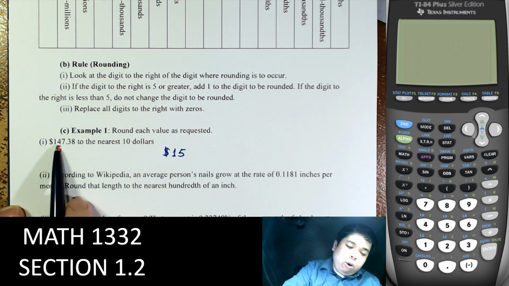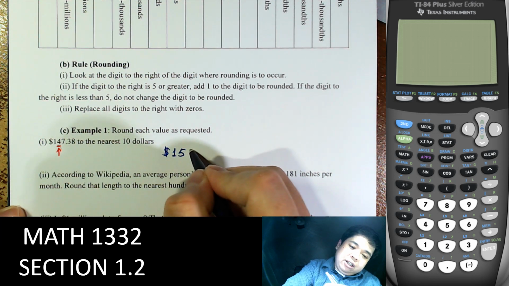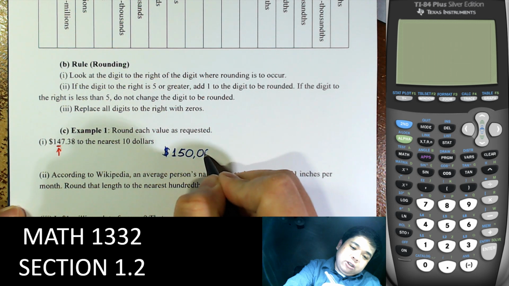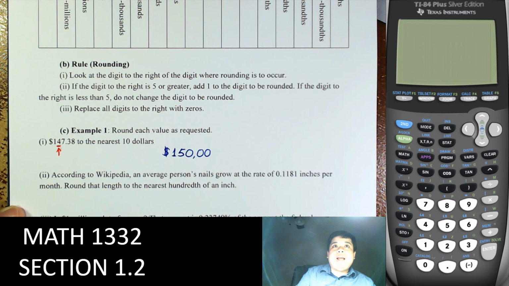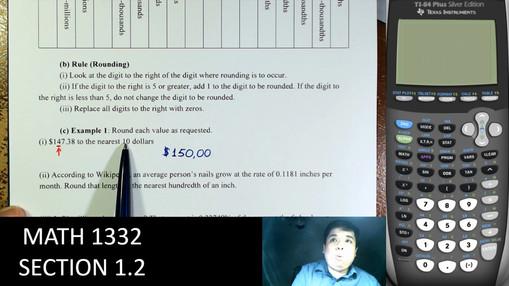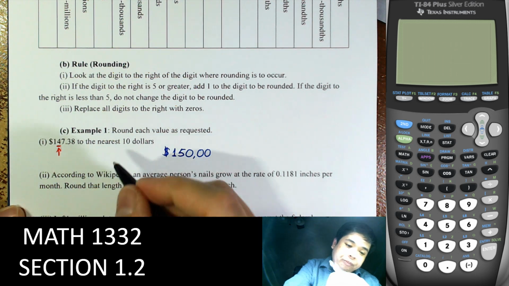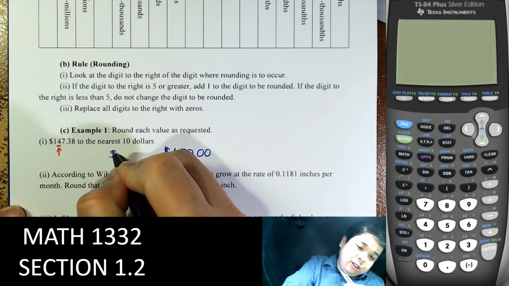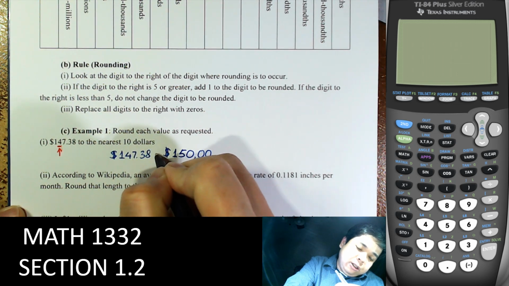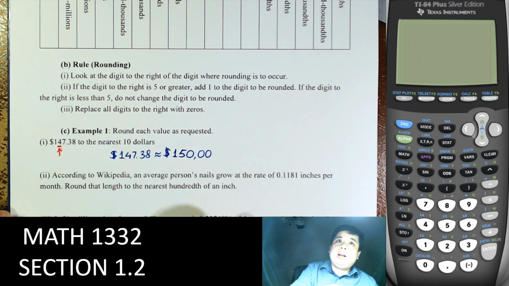We go from 4 to 5, and then everything on the right we change to 0. So that's how we round that. In the question, they will tell you where to round the answer to. So approximately we round to that.